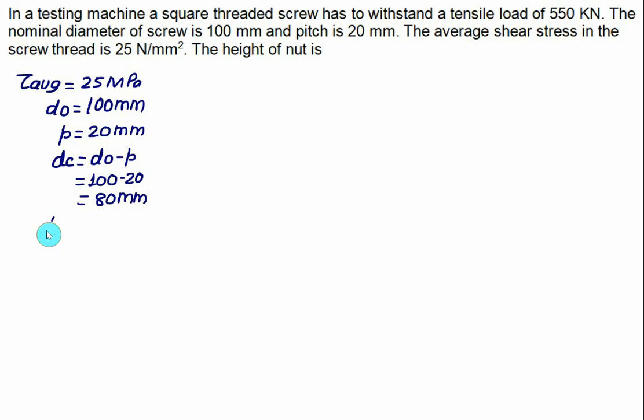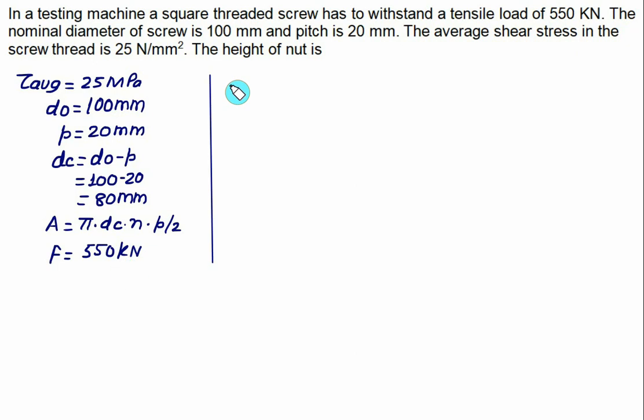The area resisting will be equal to pi into DC into N into pitch divided by 2. And we have given the value of force is equal to 550 kilonewton. We know the average shear stress is given as force divided by area resisting the shear.